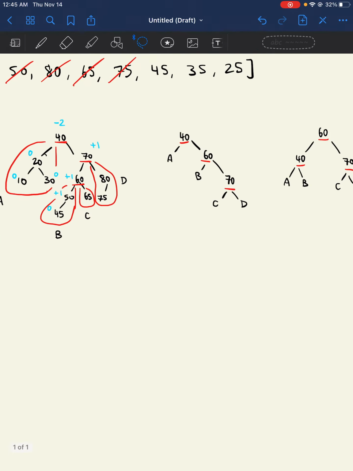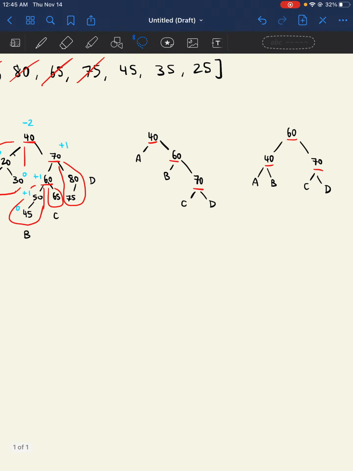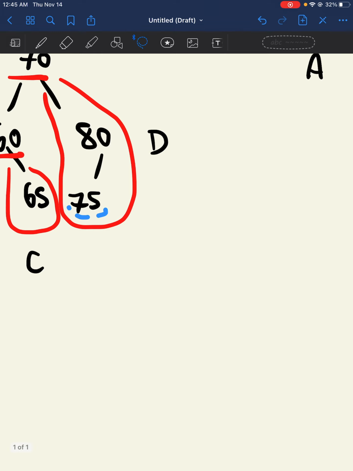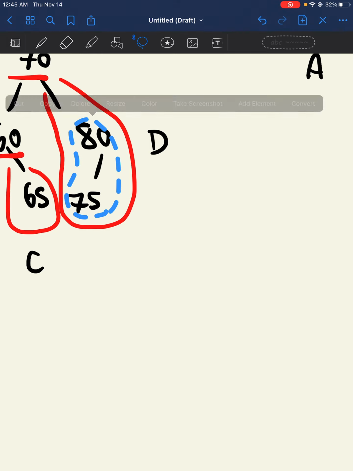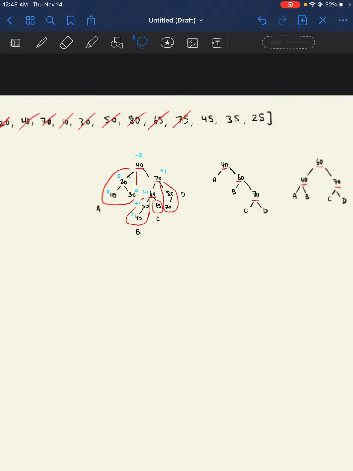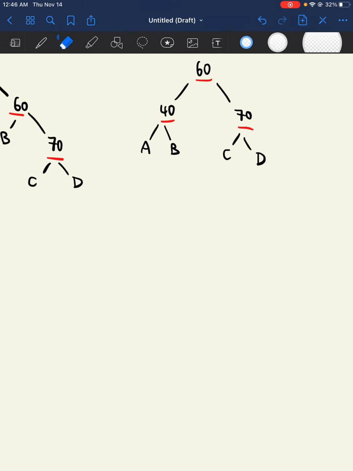All right, let's put the original subtrees back in now. D is this right here. Let's see if I can grab it. All right. Nice. Let's clean this up a little bit.